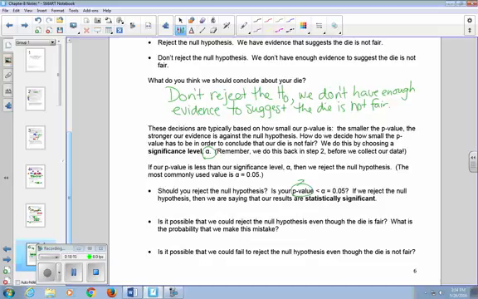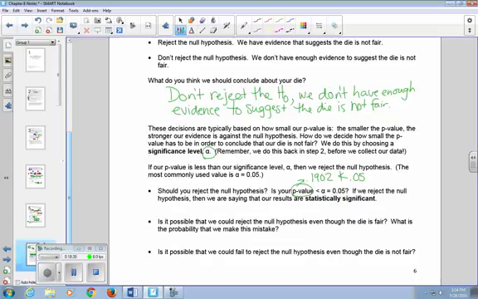You can flip back to double check. Notice that this is not less than 0.05. We were not below that cutoff, so we don't reject the null hypothesis, or we fail to reject the null hypothesis. In other words, our results were not statistically significant in this example.